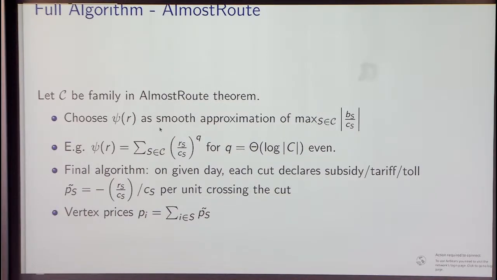And so the partial derivative at vertex i is just the sum over all sets of the contribution of that derivative with respect to s.